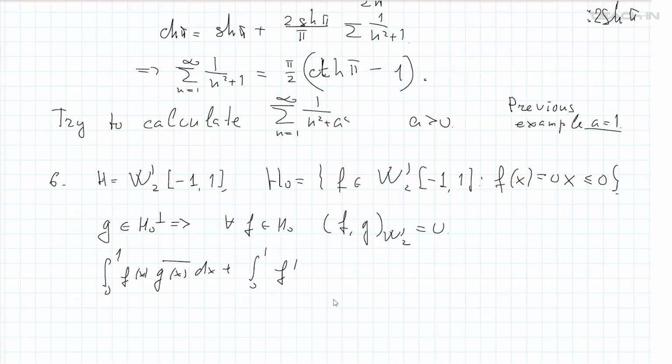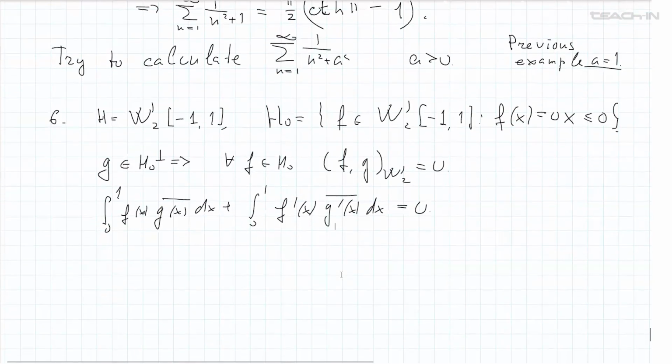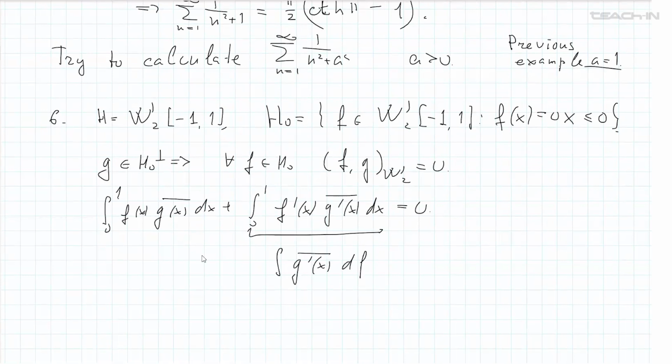By the definition of the scalar product in the Sobolev space W^{1,2}, this must be 0. This integral I write as df. Sorry, from 0 to 1.